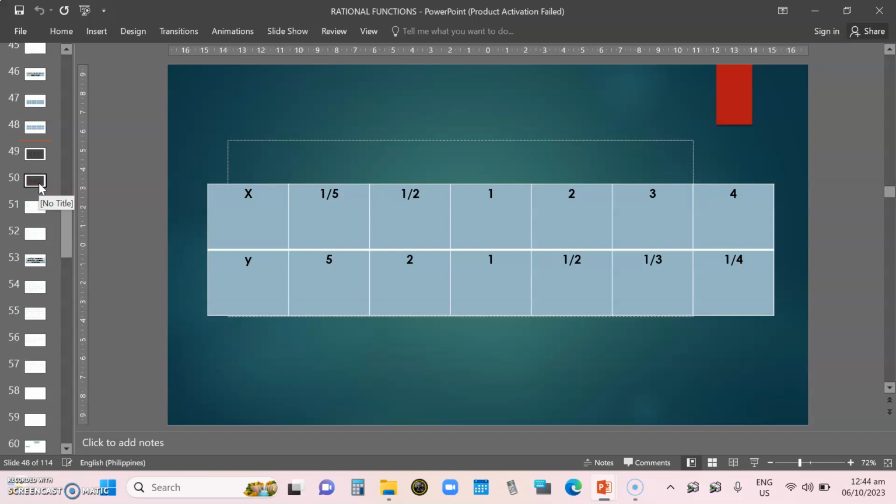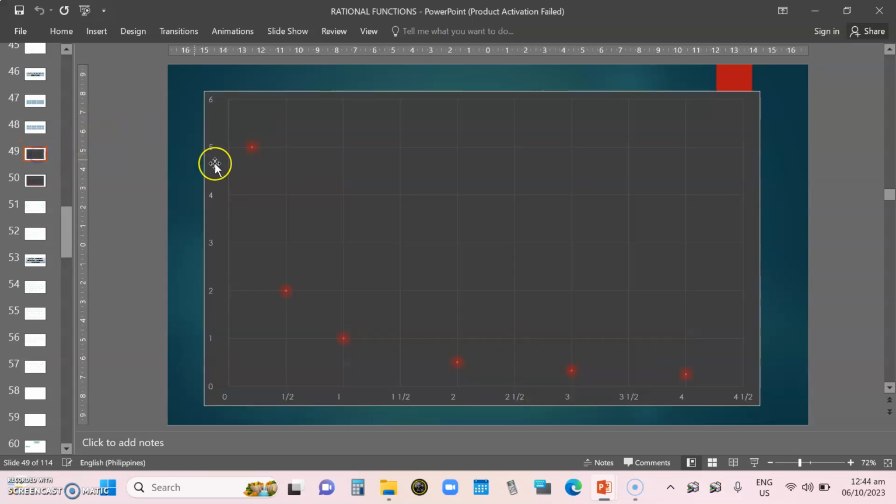The x-axis is your horizontal line, while your y-axis is your vertical line. So we have here your x and your y. Since we are graphing, we are going to plot, meaning to say, locate in our Cartesian plane.